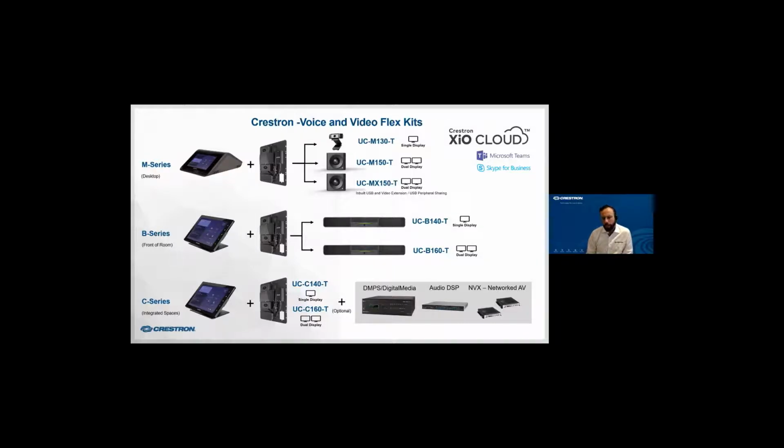Even then, we're not asking our clients to put a PC tucked behind a screen and have it dangling around in free air. We've actually even mounted the NUC PC onto an integrator-friendly plate with the power supply and the USB ingest device on a plate that can mount behind a screen. That is then paired with the M series desktop unit or the B series touch panel unit, together with either a soundbar or a camera at the front of the room.